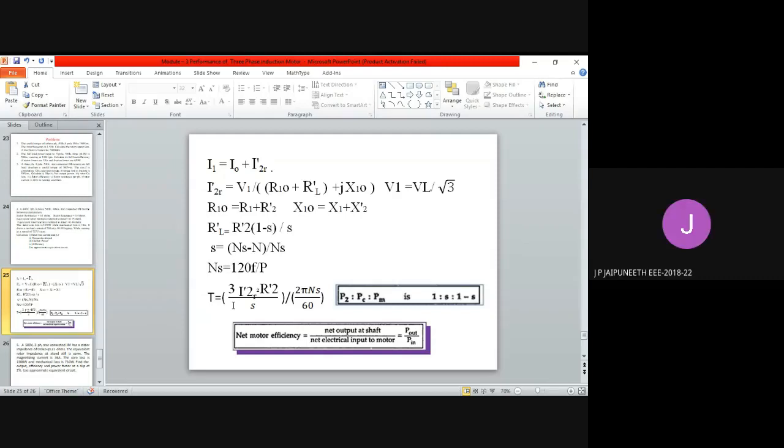You're getting 36.22. Okay, so that is your P2, the rotor input value.